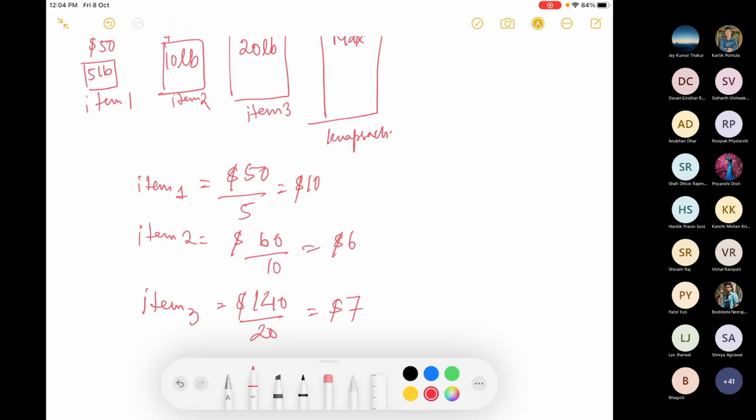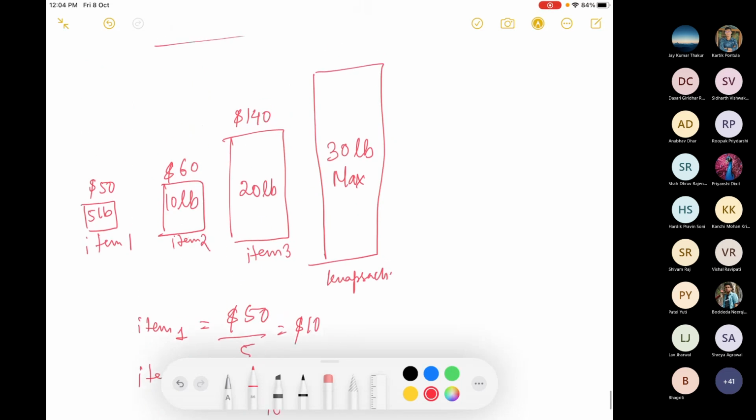Now, if you order the items again in non-increasing order of profit per unit in this case, then your greedy solution gives you, what should you take first? The $50 item. So this gives you $50. This is your greedy solution.